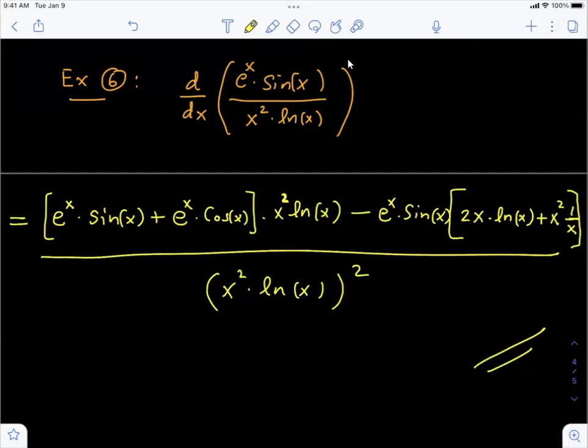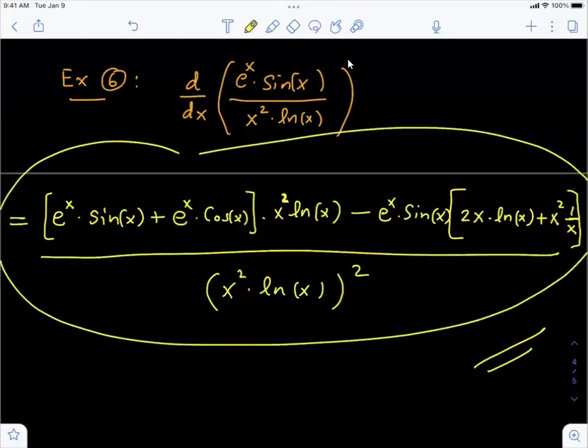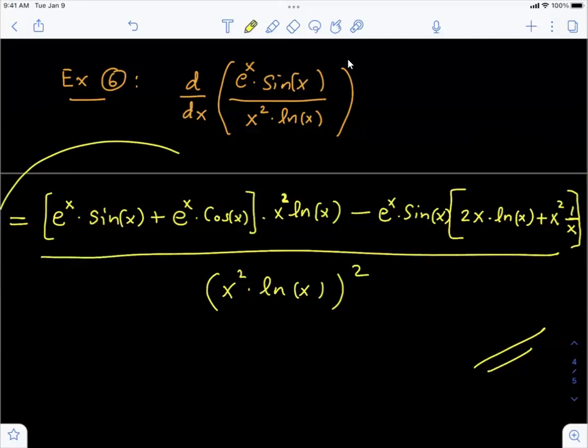When you compute the whole thing, you put the derivative of the top function right here, and that's exactly where you employ the product rule. But look at this, the final answer is an answer for a quotient rule problem, which is exactly correct because we are dealing with a quotient, a function over another function.